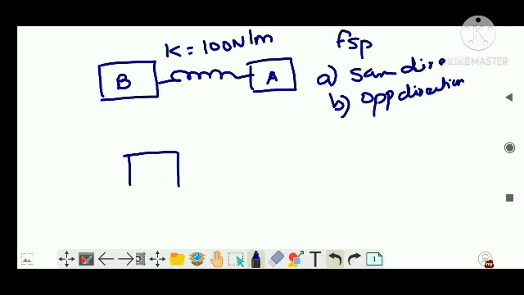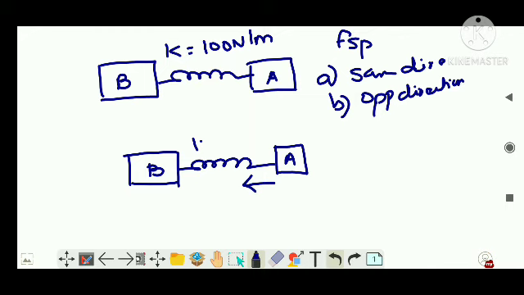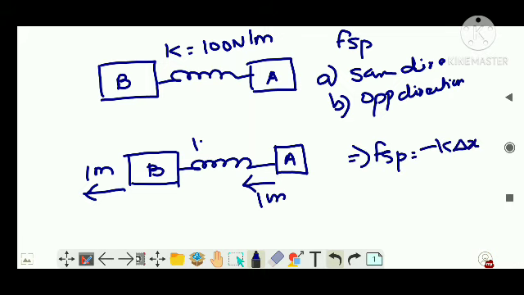Displaced in the same direction by 1 meter means, I can displace A in this direction, then B also will be displaced in this direction. So 1 meter and 1 meter. You're asked for the spring force, that is minus k into change in length. Tell me what the change in length is in this condition.